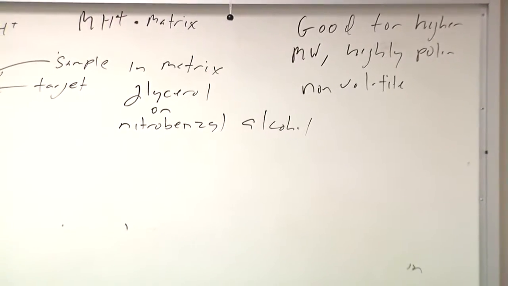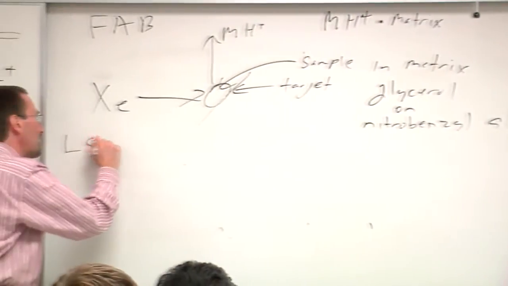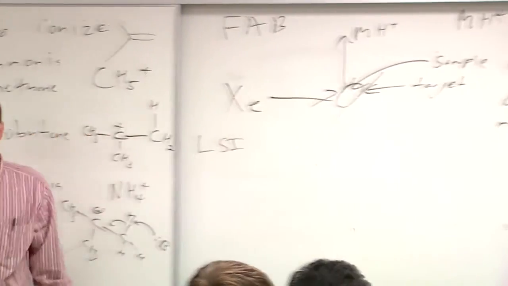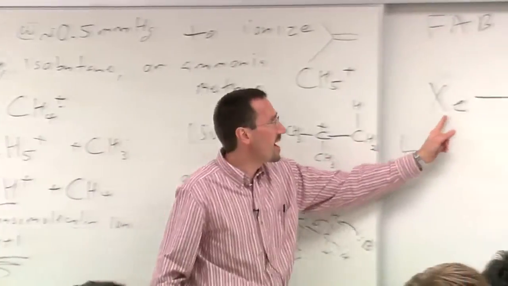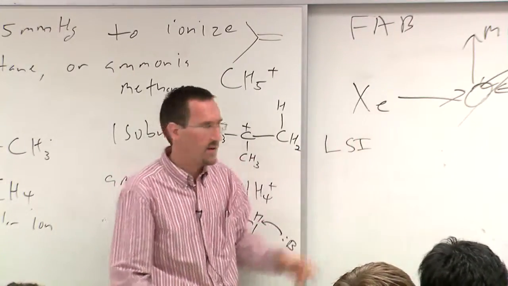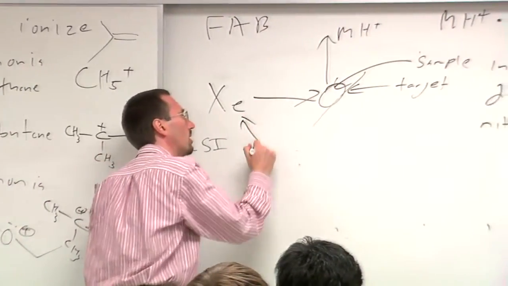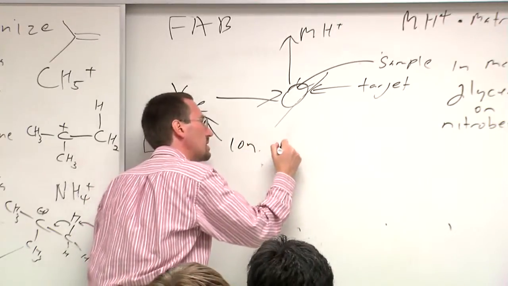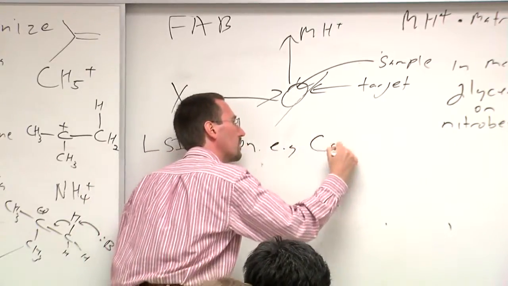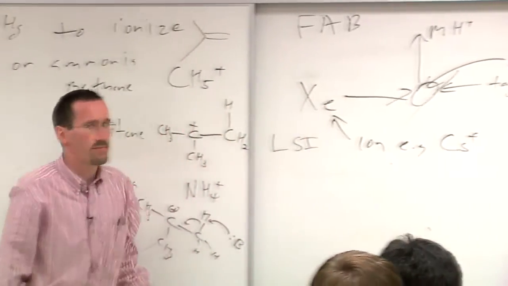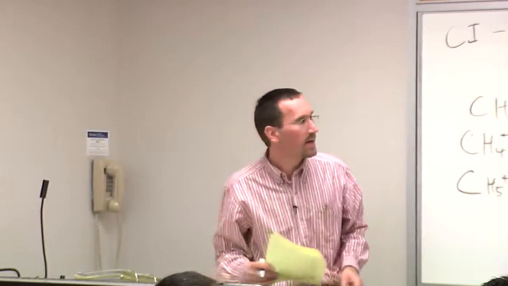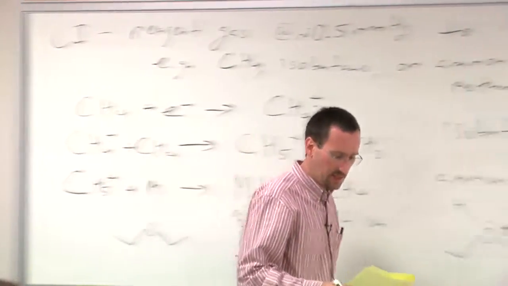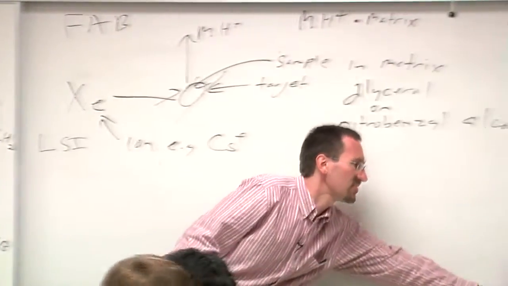As I said, there's a variant of FAB called LSI mass spec. In liquid secondary ionization mass spec, rather than firing an atom, you're firing an ion, such as cesium plus, but it's the same basic principle. You put a good hard whack in there, and you end up ionizing the molecule and getting it into the gas phase.